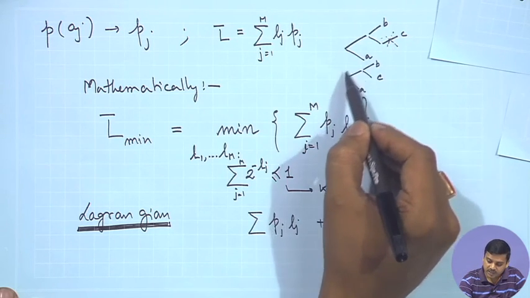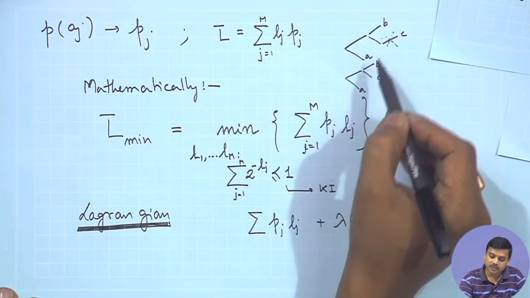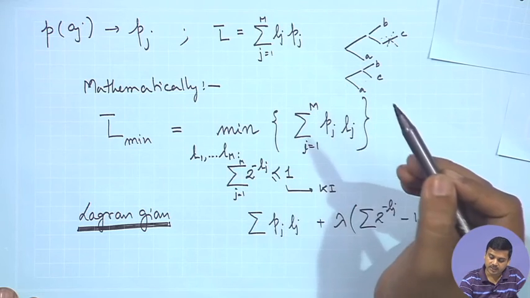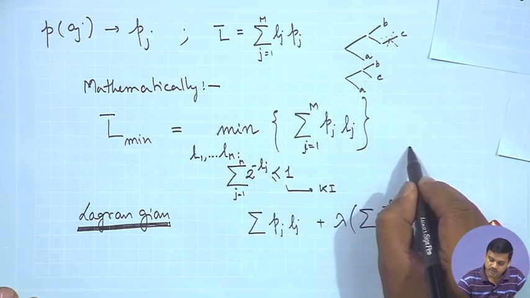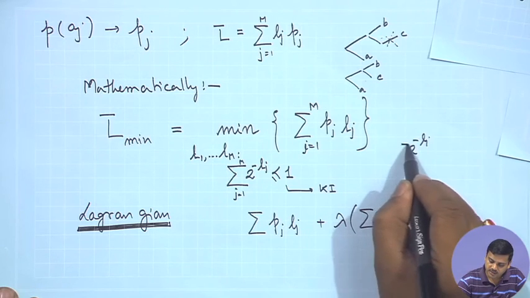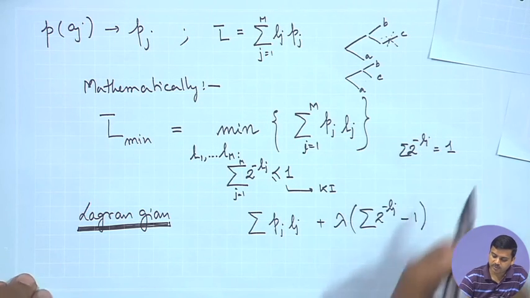That means the L bar of this is going to be less than this. Otherwise, we are not having the best possible length combination. Therefore, instead of taking less than or equal to 1, we will use the constraint that the sum of 2 to the power of minus Lj is equal to 1, because this is going to minimize it.